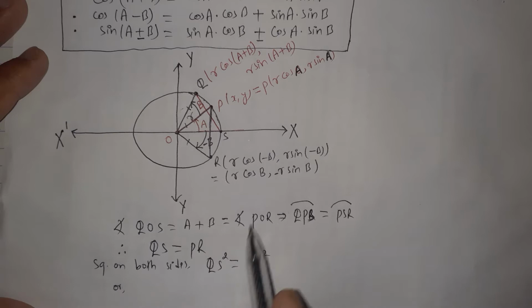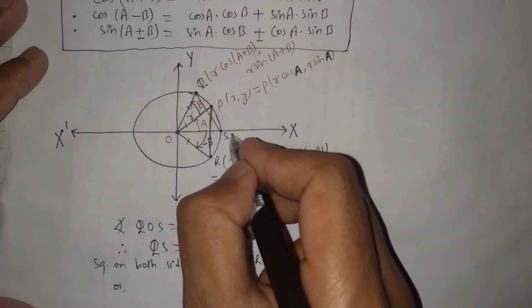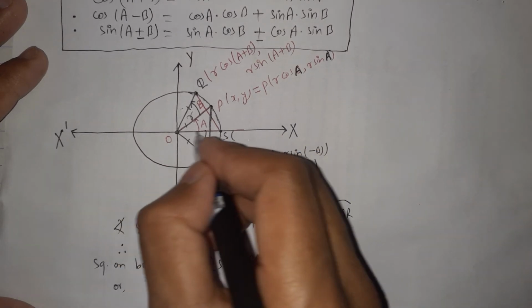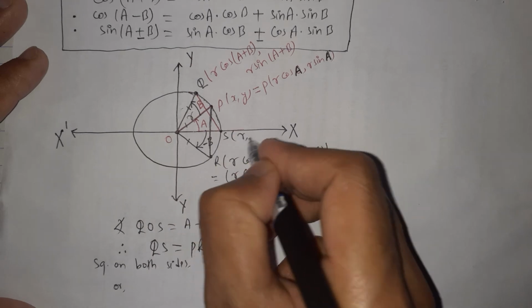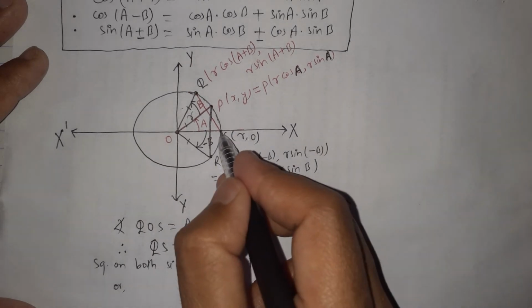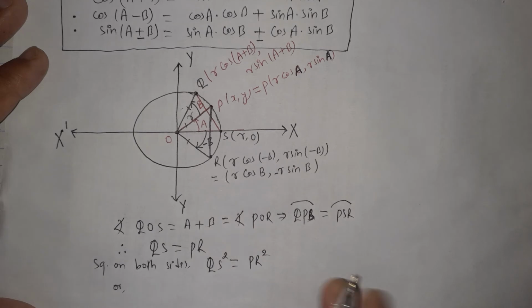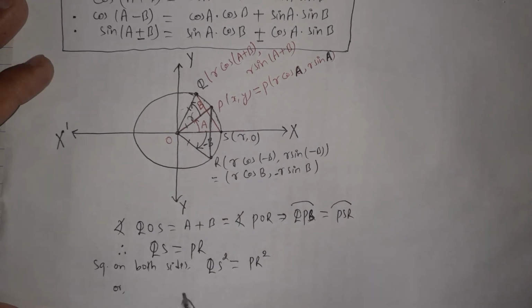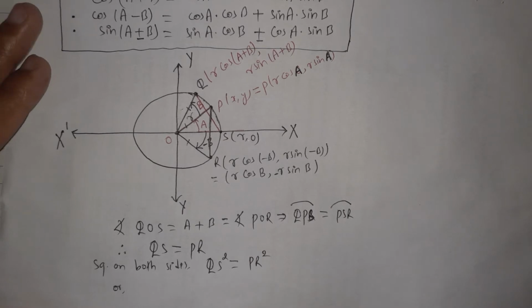Here the coordinates of every point P, Q, R, S are known, so let's find the distance between them. S is R units away from the center, so it lies on the x-axis and the coordinate is R comma 0. Now using the distance formula, we can calculate QS square and PR square.